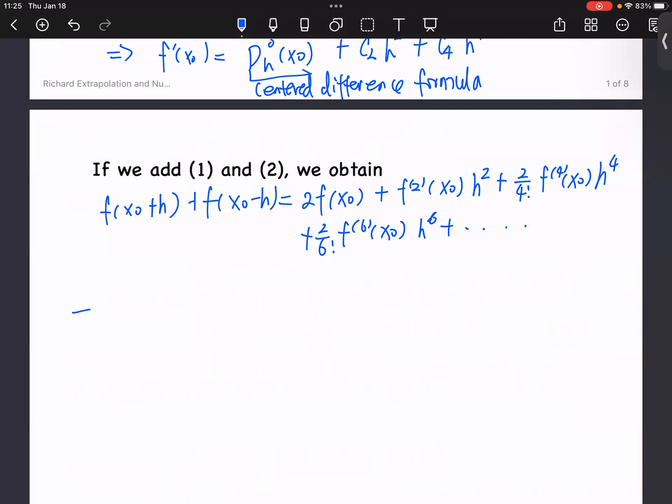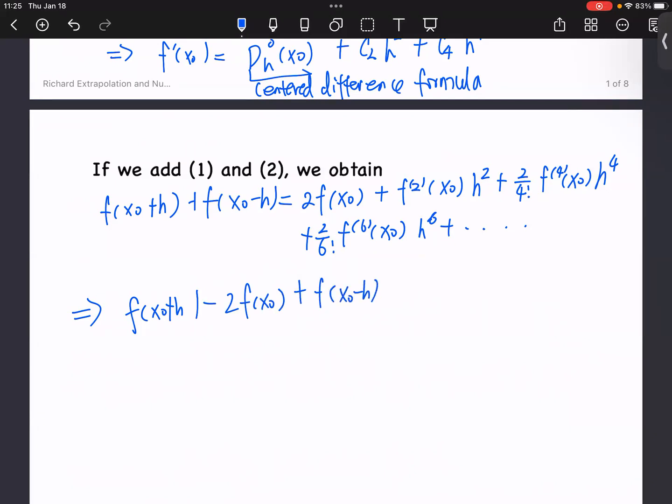So here, I'm going to move the 2f(x0) term to the left-hand side. And then I get minus 2f(x0), plus f(x0 minus h).